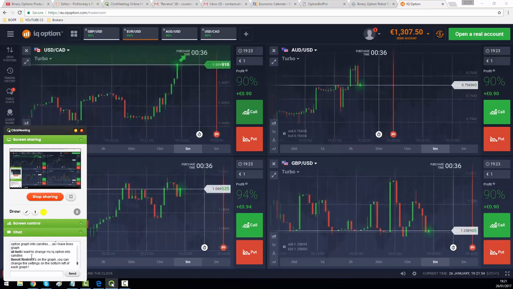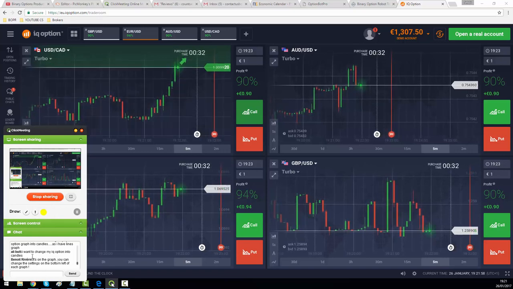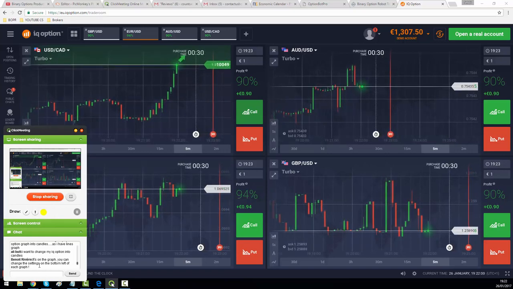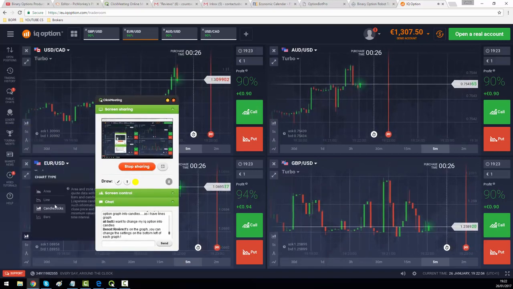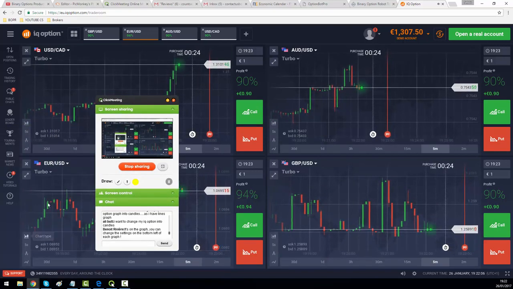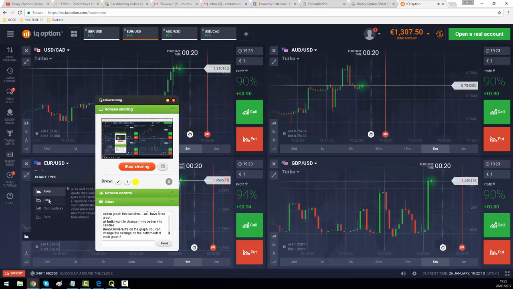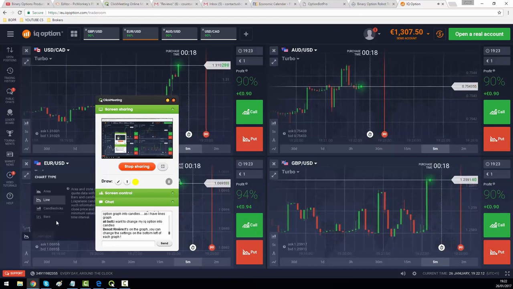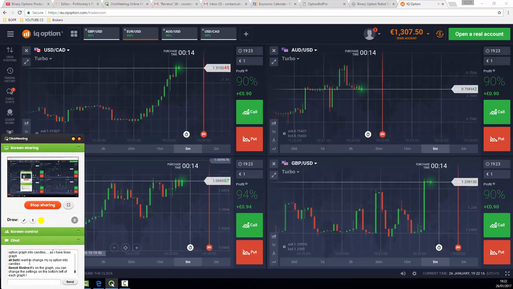Okay, I want to change my IQ Option into candles. Just like I said, it's on the graph. You can change the settings at the bottom left of the chart. There they are. Chart type, candlesticks. You can even do area, line, bars, candlesticks. You can change any of them.